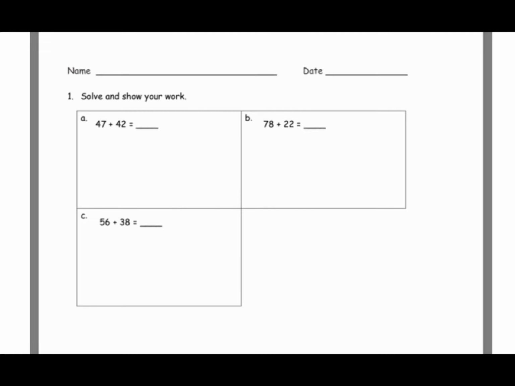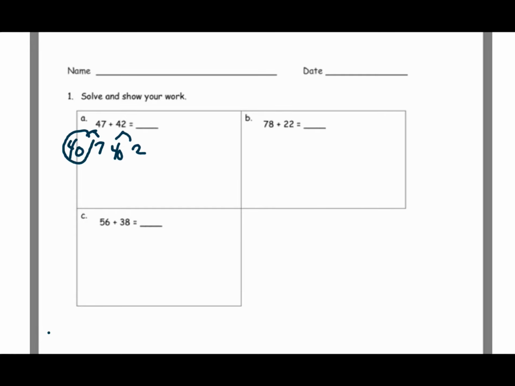Okay, boys and girls, let's go ahead and solve our problems for letter A. The best way, I think, to solve letter A for me would be to add the tens. So I'm going to make this into 40 and 7. And this one would be 40 and 2.